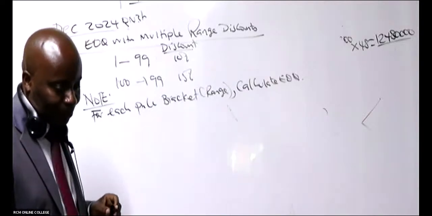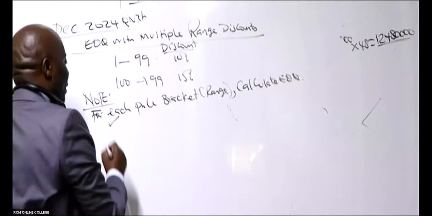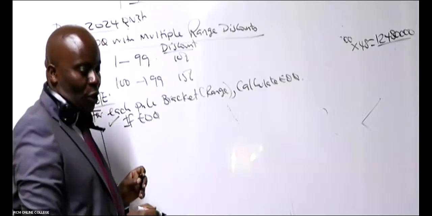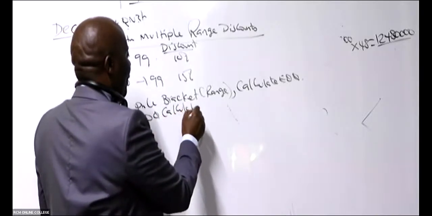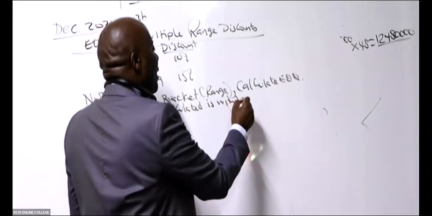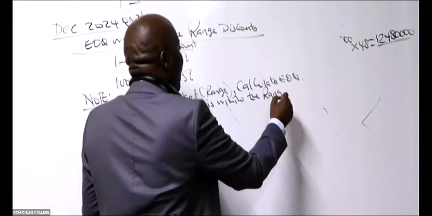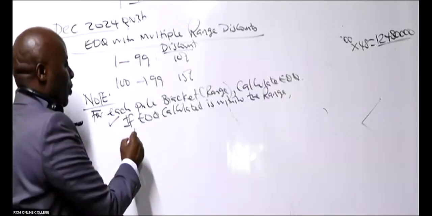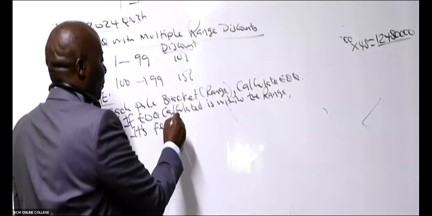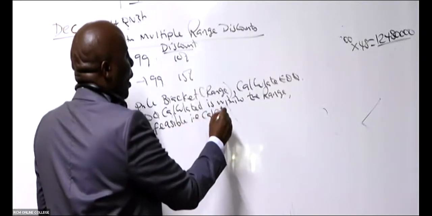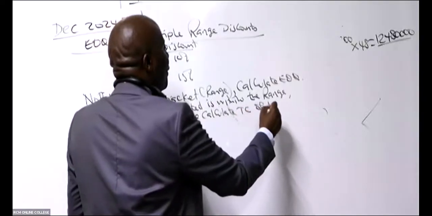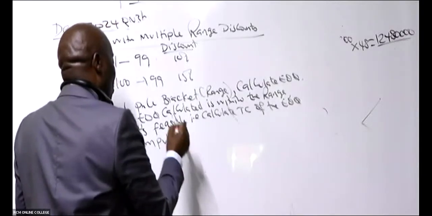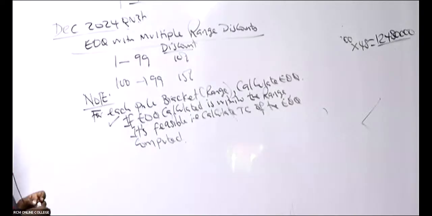Now, number one: if the EOQ calculated is within the range, it is feasible.